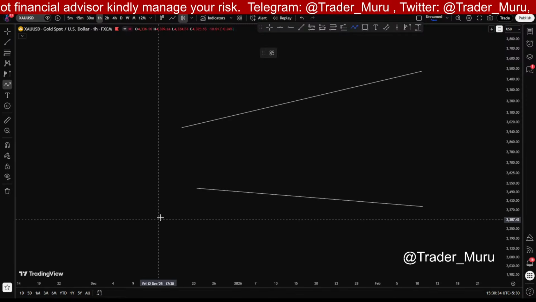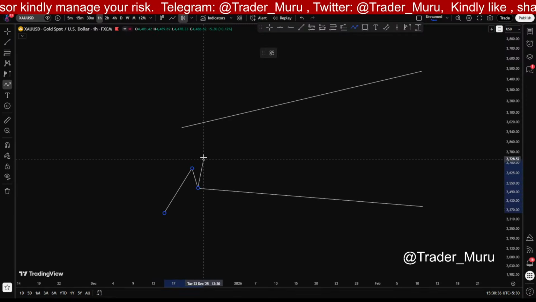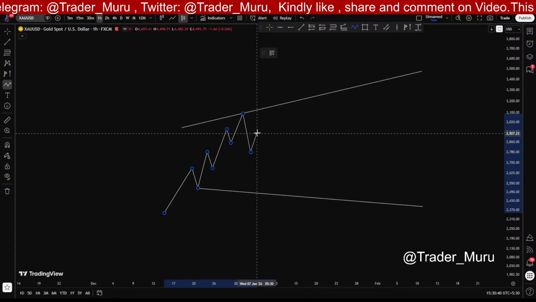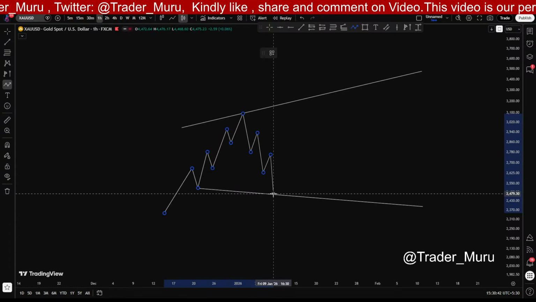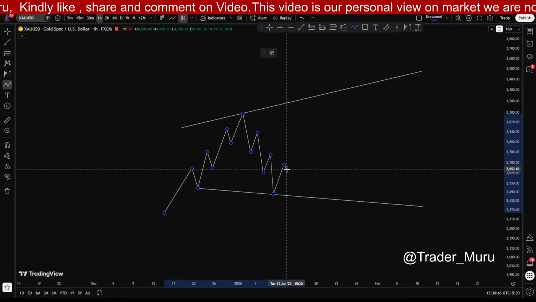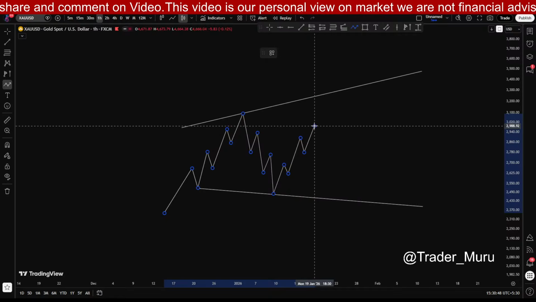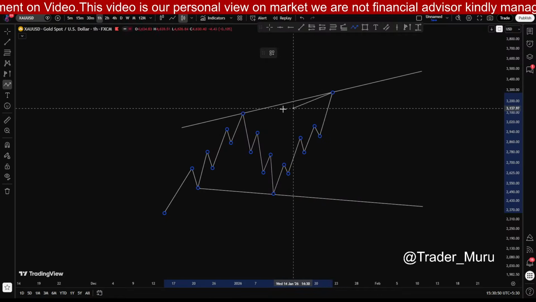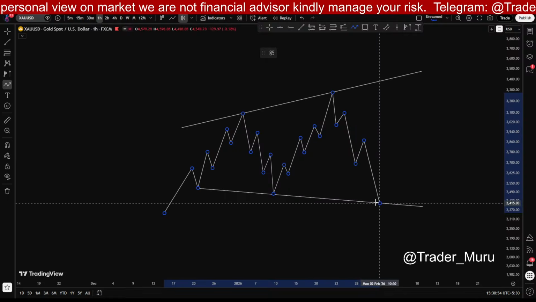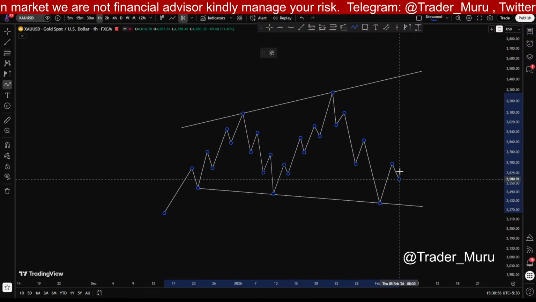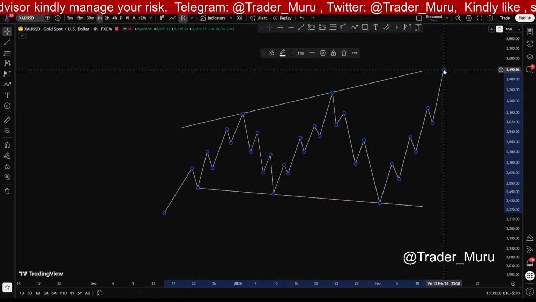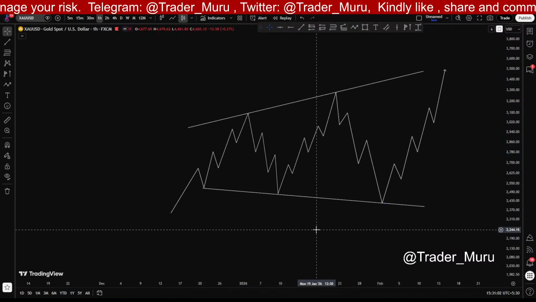Price will create a new high just like this, then again drop, take out liquidity from this low, hunt SL above here, and then again pump, take out this liquidity, again drop, take out this liquidity, then again pump. These are the hardest patterns to trade.